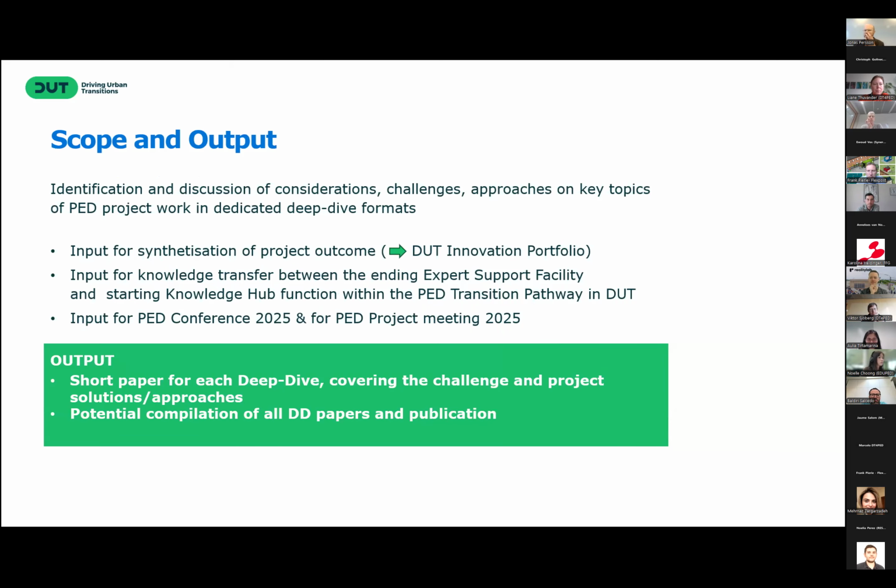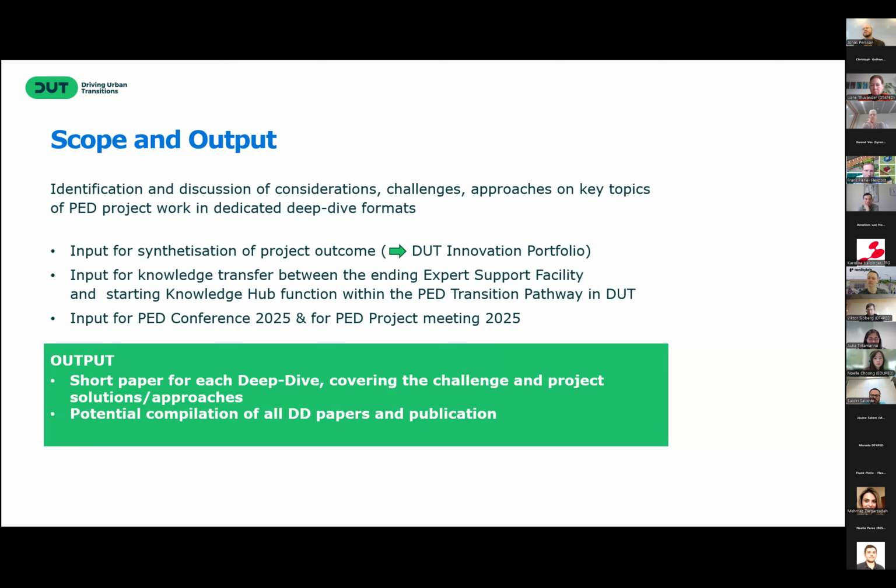And furthermore, as I already mentioned, the deep dives shall serve as a starting point for synthesizing approaches, achievements, learnings in different areas from the PED projects. And we will therefore make these recordings available internally, and also a short paper for each topic that has been discussed will be produced.